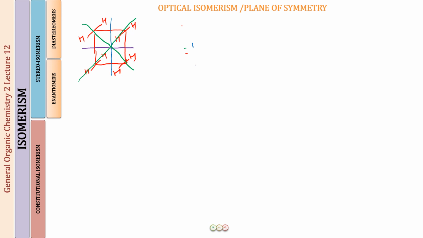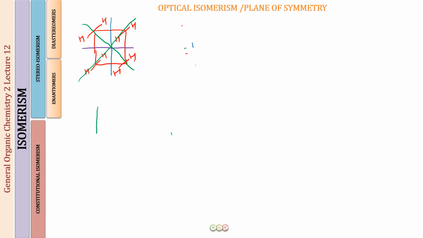There are 4 carbon atoms forming the ring. If you slice through that, put your playing card through that, you will be cutting the 4 carbon atoms into halves, and one half will get the hydrogens which were above the plane, and the other half will get the hydrogens which were below the plane, and they both are going to be mirror images of each other. So this way you can draw the plane of symmetry for this molecule, and obviously with so many planes of symmetry identified, this is going to be achiral.